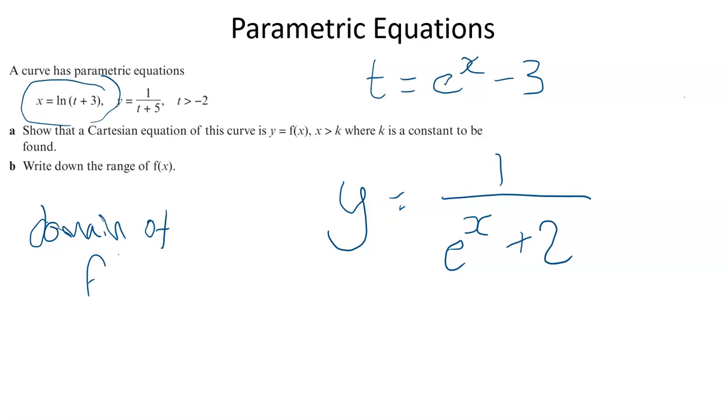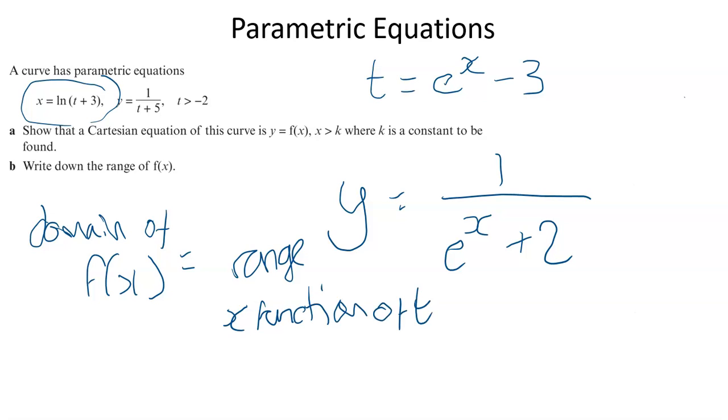of f of x is the same as the range of this thing, okay, of, I'll say, we need to say the function of t, but of the x coordinate. So let's say the x function of t.